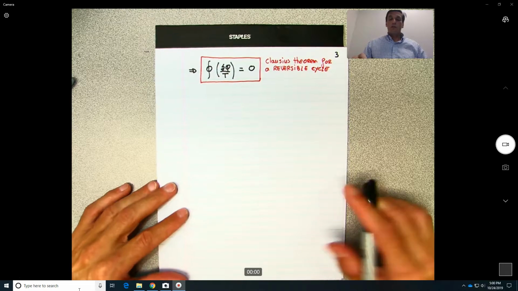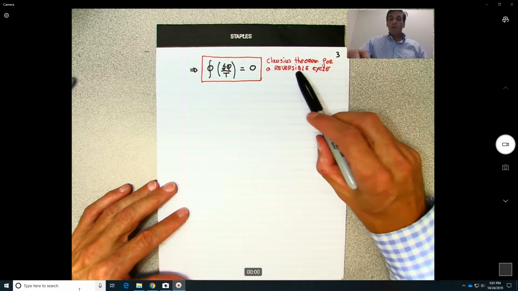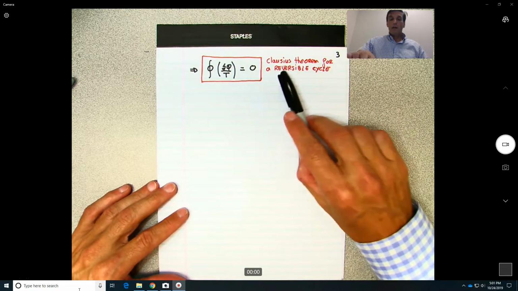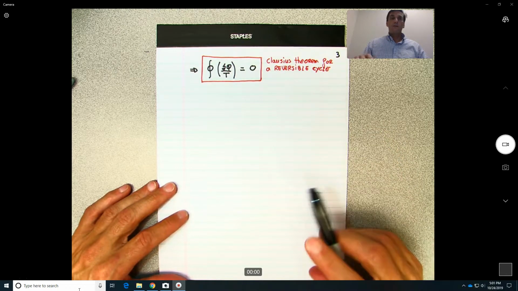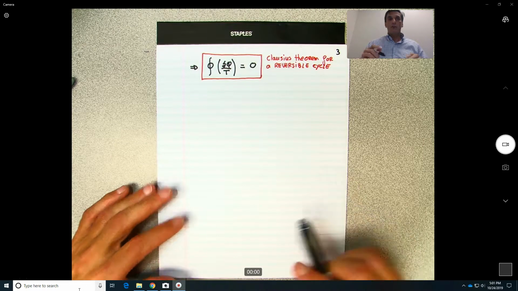Okay, so we were able to define a reversible cycle, but the opposite would be a non-reversible, or what is called an irreversible cycle.